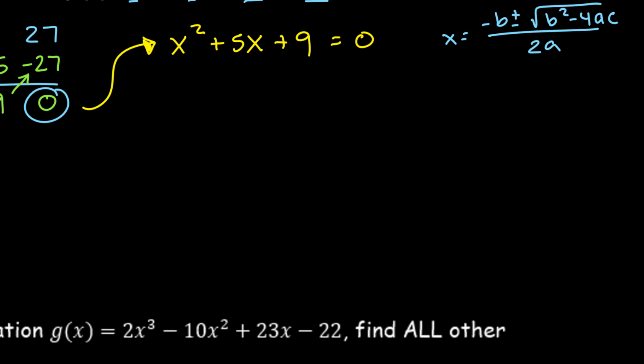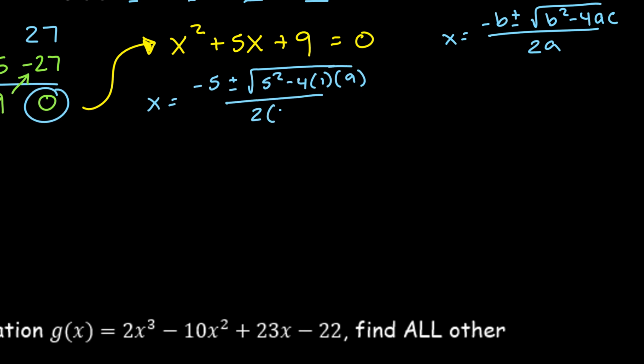Okay, so now we just plug in these numbers. -5 plus or minus the square root of 5 squared minus 4 times a, which is 1, times c, which is 9, all over 2 times a, which is 1. What do I do first here?